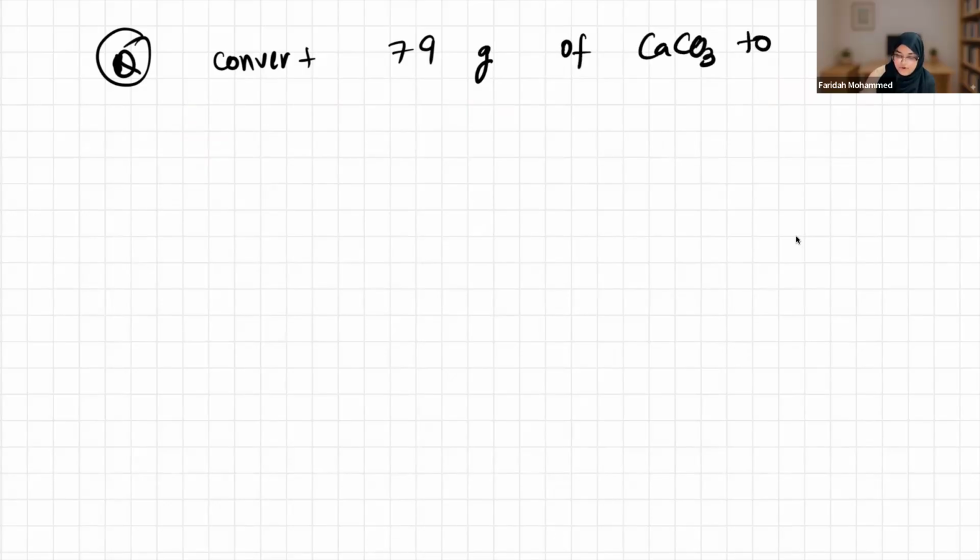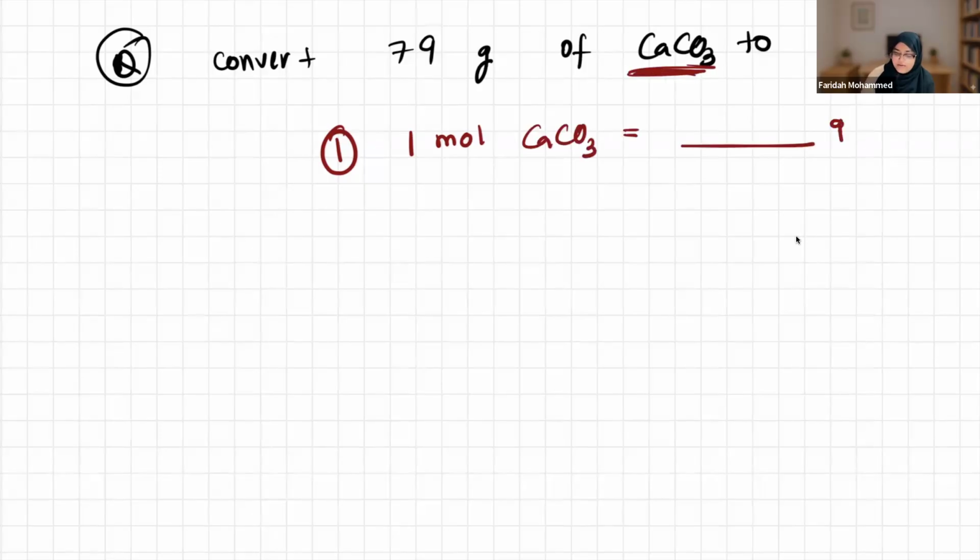So let's say the question is: convert 79 grams of calcium carbonate to mole. If you haven't been paying attention, please pay attention now. The first step is to make your relation. 1 mole of whatever they give you, which is calcium carbonate, equals its grams.